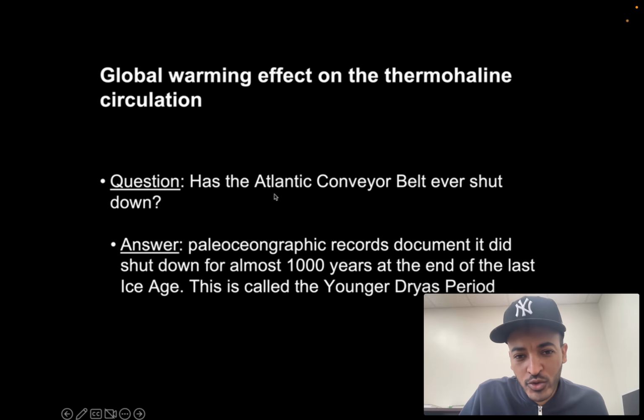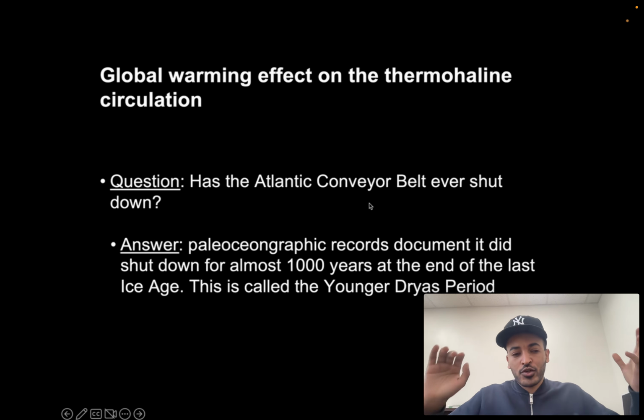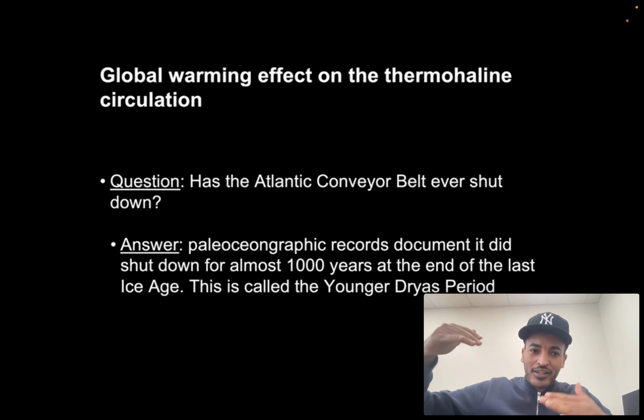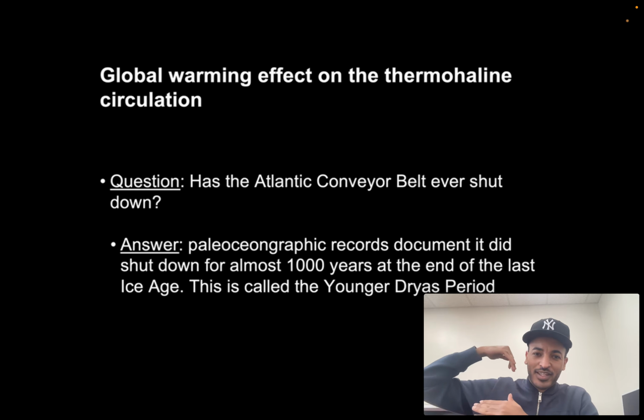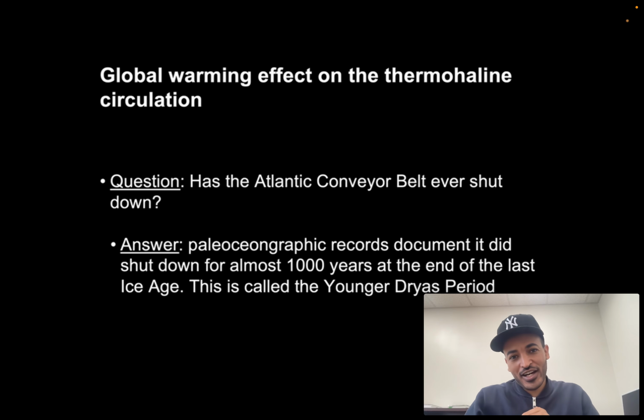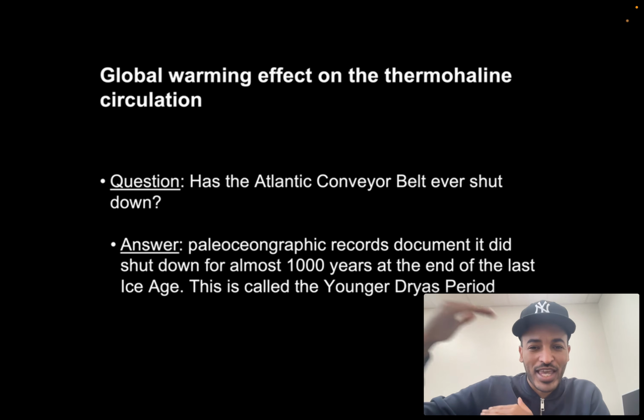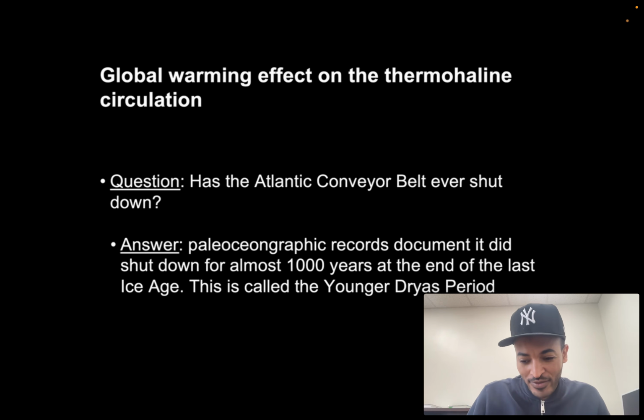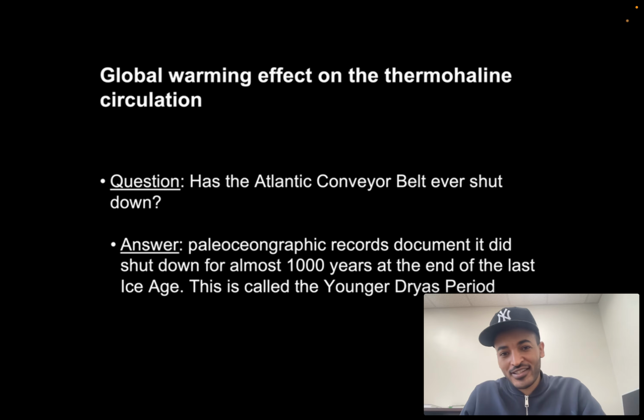So also the Atlantic conveyor belt. If the warming keeps increasing, it can potentially kill the density gradient we have, and then the Atlantic conveyor belt may actually potentially shut down.